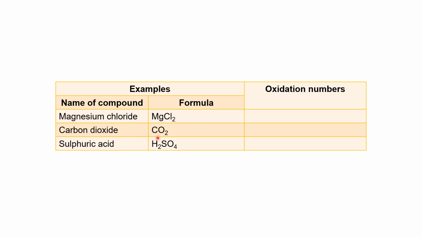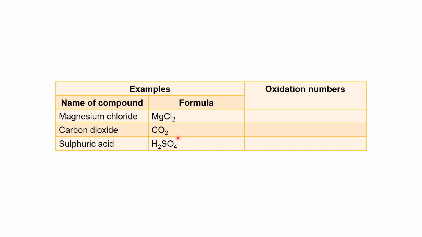For the carbon dioxide molecule, the formula is CO2. Carbon dioxide consists of 1 atom of carbon and 2 atoms of oxygen. While for sulfuric acid, the formula is H2SO4. Sulfuric acid consists of 2 atoms of hydrogen, 1 atom of sulfur and 4 atoms of oxygen. We use these as compounds: 1 compound, 1 compound and 1 compound.